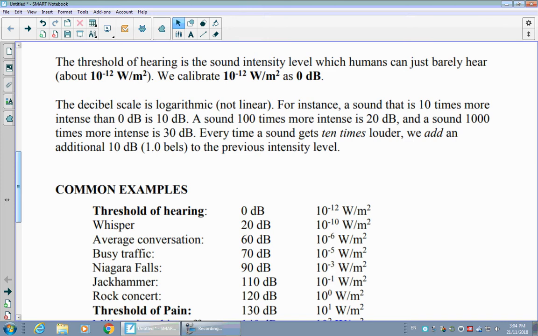If a sound is 100 times more intense, that means we increase the scale by 2 bells, or 20 decibels. 1,000 times more intense, just 3 bells, or 30 decibels. So every time the sound gets 10 times louder, we add an additional 1 bell, which really means we add an additional 10 decibels to the previous level.